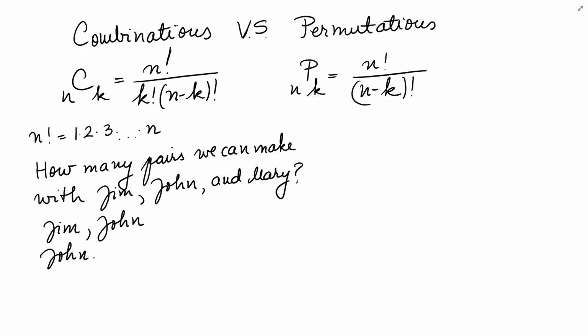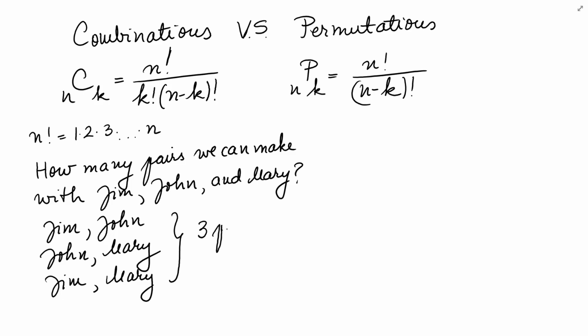John and Mary, it's another pair. And Jim and Mary, it's another pair. If I chose John first and Jim second, I would still have the same pair, Jim, John. So order doesn't matter. So we have 3 pairs.